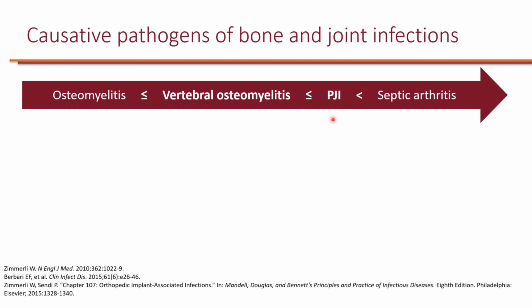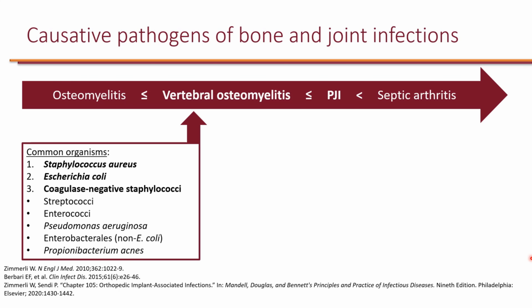Now, prosthetic joint infection is relatively more severe than vertebral osteomyelitis because it can lead to septic arthritis, which can sometimes be deadly. Now, this is generally speaking. There are situations where vertebral osteomyelitis can be very serious and an emergency. Regardless of the severity, let's take a look at the common organisms causing vertebral osteomyelitis.